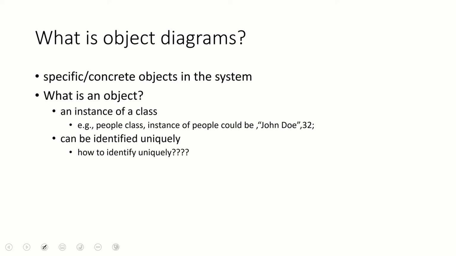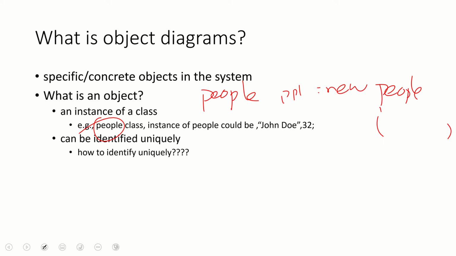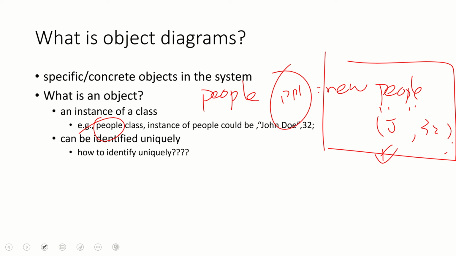In another example, if we have a people class, we can create an instance of people, right? So we have a class People. Here, for example, we have a constructor. The first parameter is name, and the second parameter is for the age. So ppl is the object reference to represent this specific object, right?